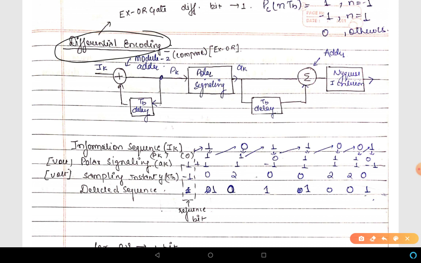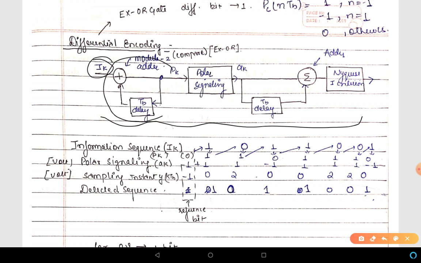Differential encoding is a scheme by which we can remove the dependency, and we will show that the dependency is not there. This is the arrangement of differential encoding, and this is my information bit.